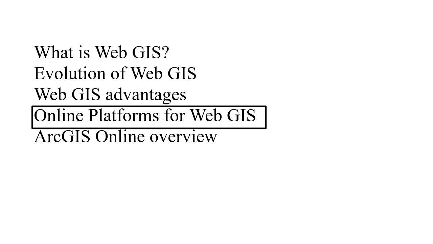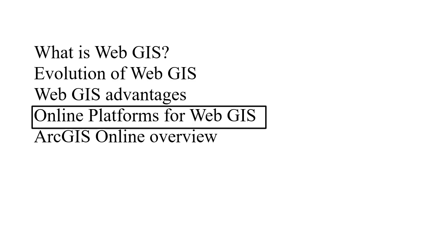But freely available applications are also providing us many things. We can create the maps, share the maps, analyze the maps, and do many more things. ArcGIS Online, of course, is a very robust platform which we will discuss in detail through parts 2, 3, 4.